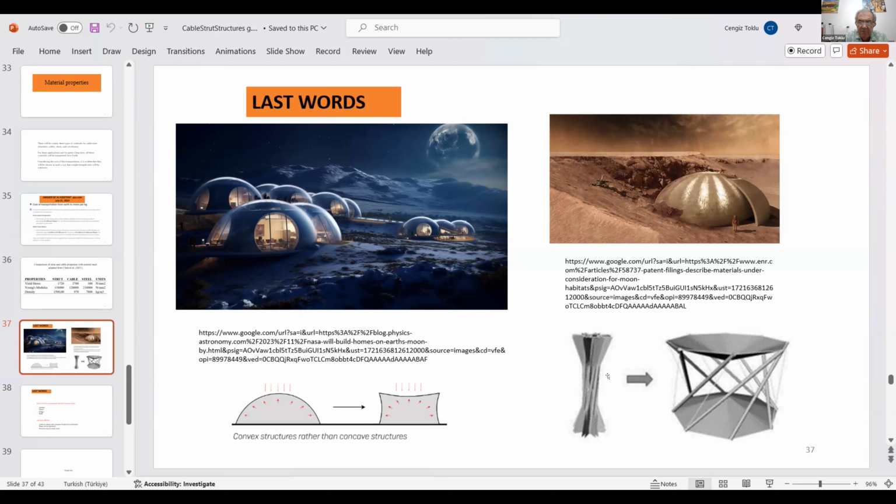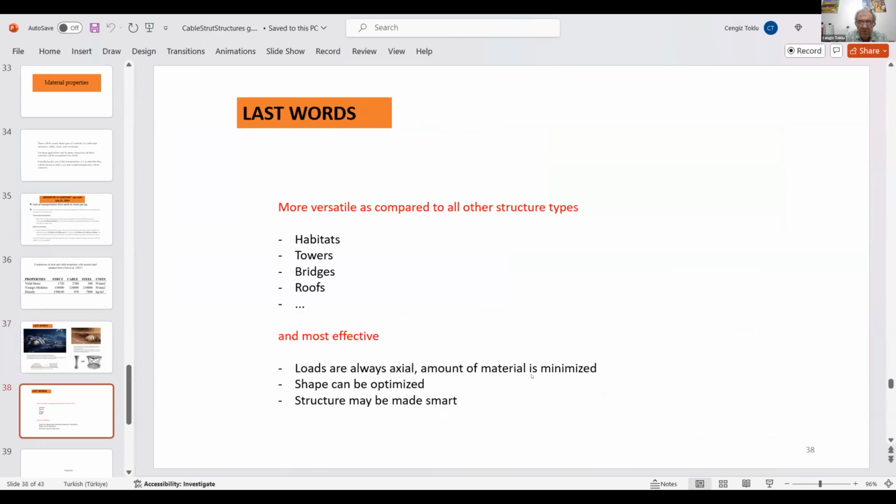So that's why, for example, on the right, a structure made by cables and struts, as shown here, a deployable one, will be much more applicable as compared to the other ones. Now, these structures are more versatile as compared to all other structural types.